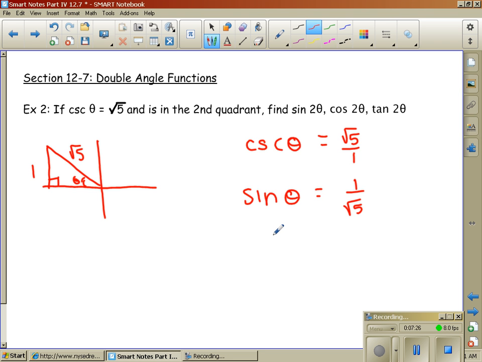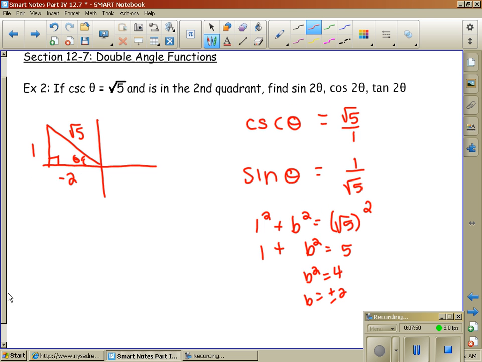Got to figure out your missing side. So 1 squared plus b squared equals the square root of 5 squared. So 1 plus b squared equals 5. B squared equals 4. B equals positive or negative 2. So here in the second quadrant, x value is negative, so negative 2.